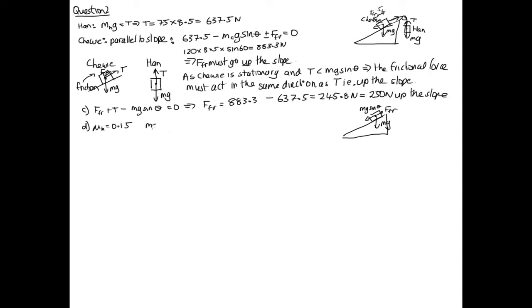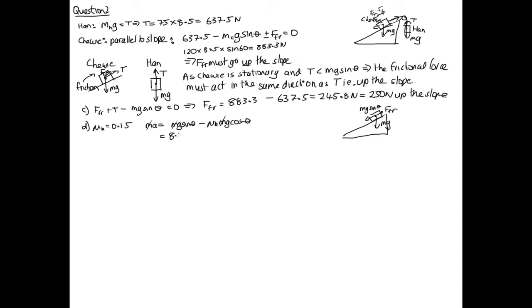Newton's second law tells us that the total force is equal to ma, and this is equal to mg sine theta minus the frictional force. The frictional force here will be given by mu k, because he's moving so it's the kinetic friction, mg cos theta, and m here stands for Chewie's mass in all of these. So we can cancel these m's out, and then solve to find out what a is.